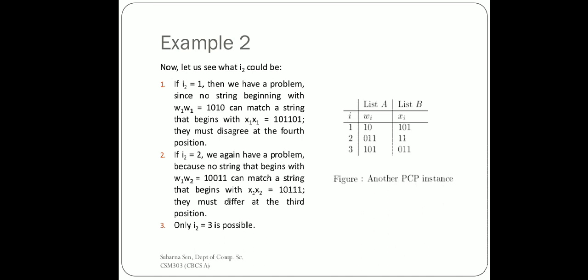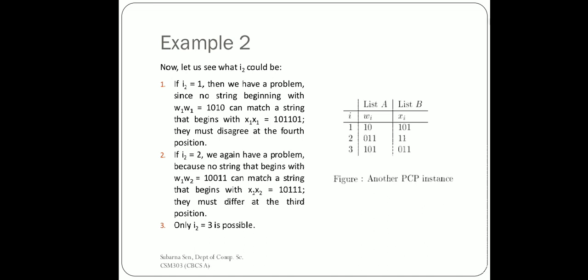If I2 equals 2, then my concatenated string will be W1 W2 for list A and X1 X2 for list B. Concatenating W1 with W2 gives 1 0 0 1 1, but for the other list it is 1 0 1 1 1. It is mismatching at the third location, so it is not working.